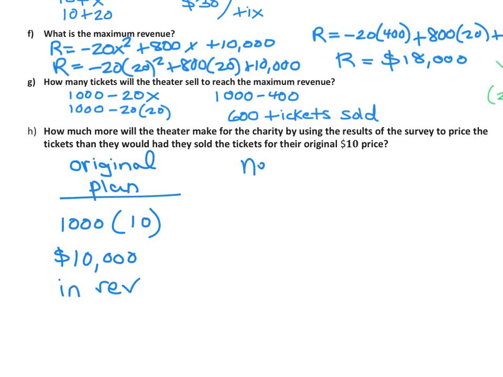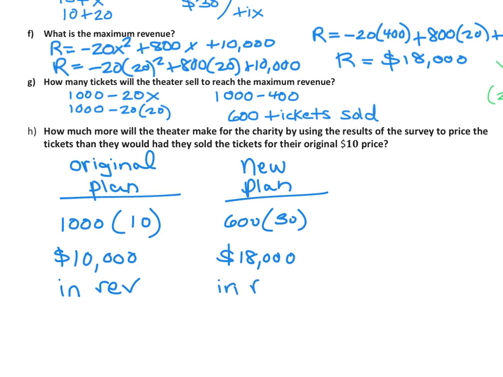The new plan has us selling 600 tickets at $30 a ticket, giving us $18,000 in revenue. Pretty big jump. So ultimately, for our charity, our improvement is $8,000 in additional revenue for our charity. That's a lot.